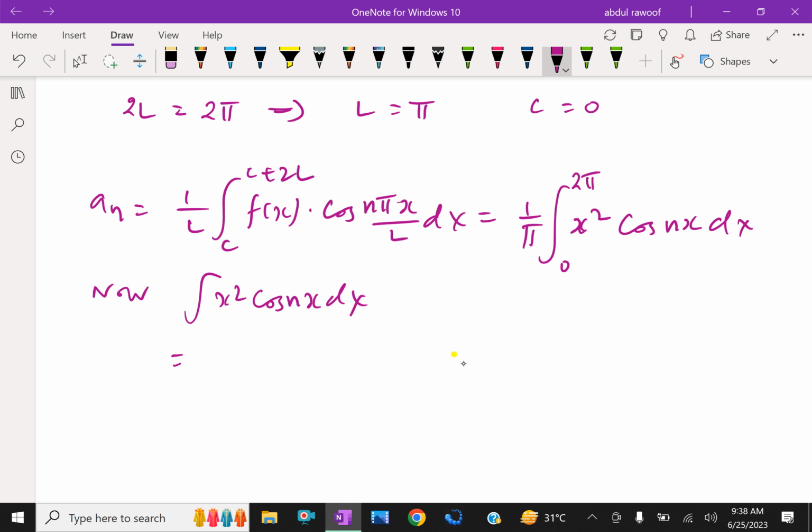As a rule, first function, that is x², integral of second, cos nx integration is sin nx over n. First function, integral of second, minus integral of differential of first, x² differential is 2x, integral of second is sin nx over n.